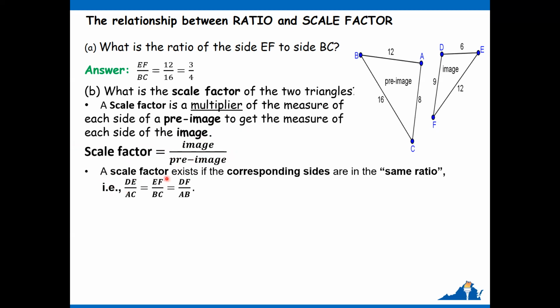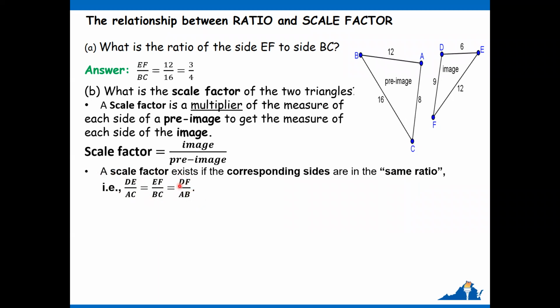A scale factor exists if the corresponding sides are in the same ratio. Same ratio is important. That is to say, DE/AC is equal to EF/BC is equal to DF/AB.